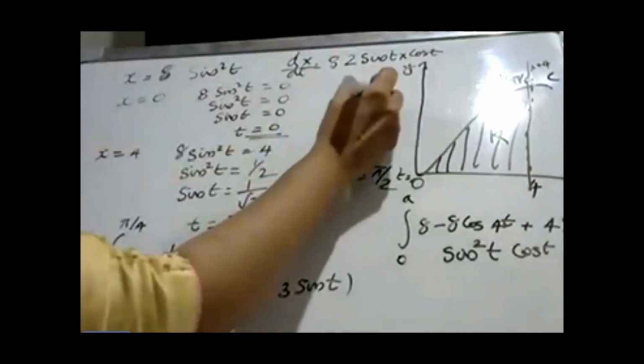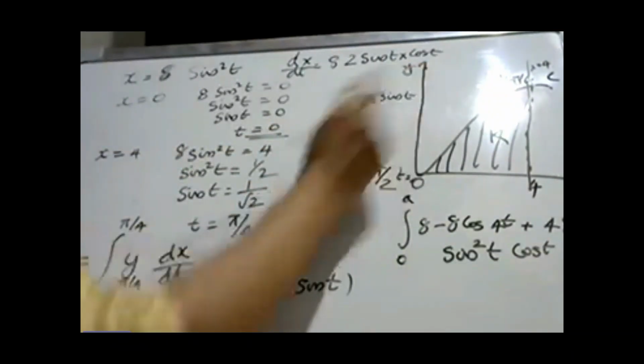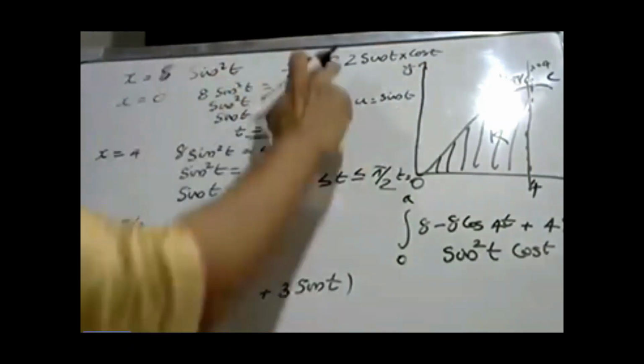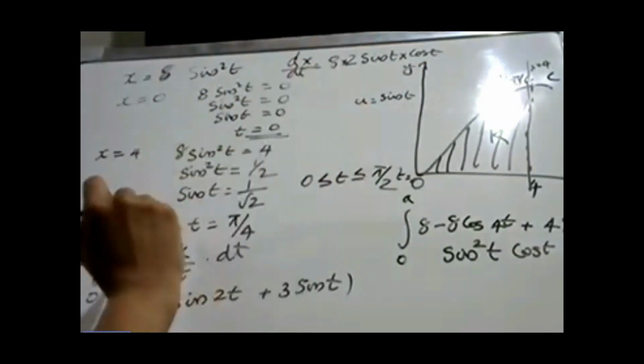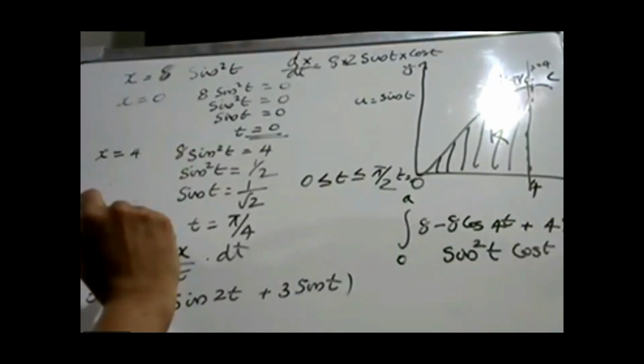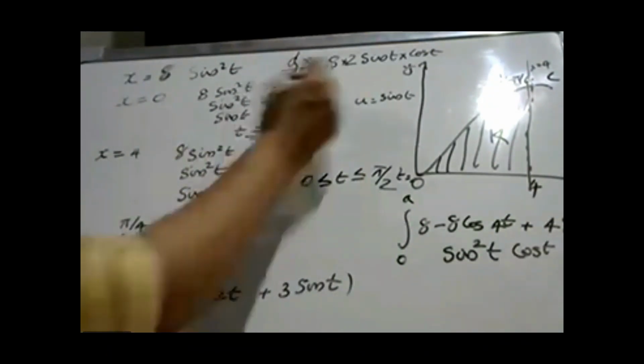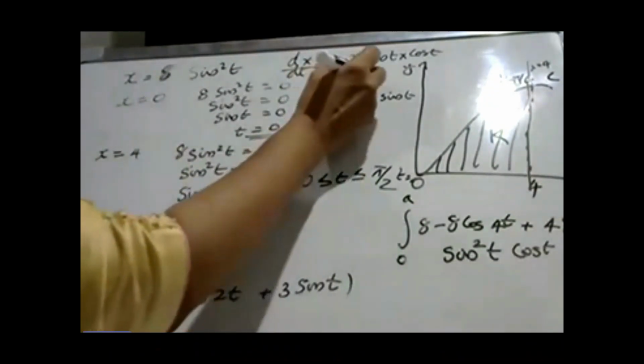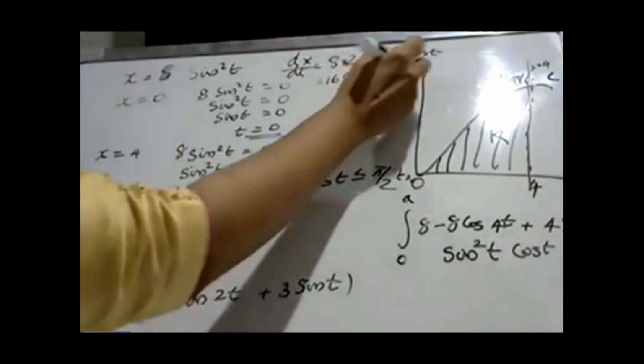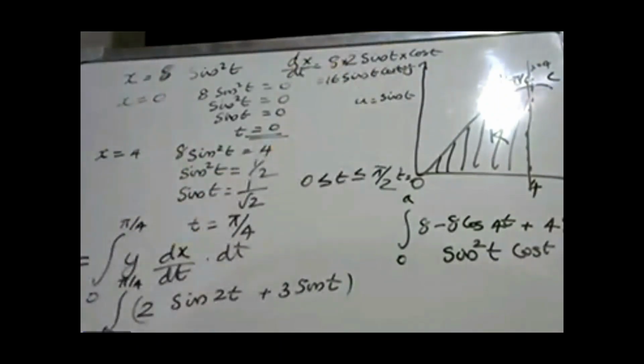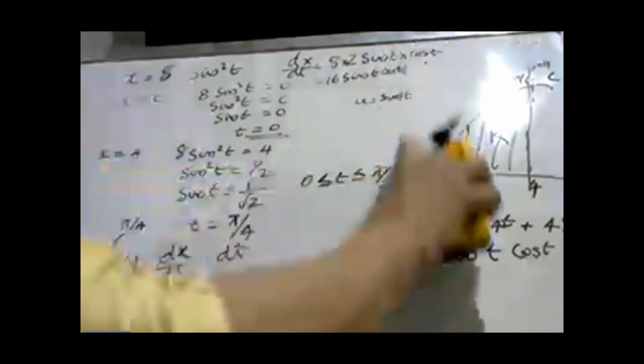I have taken u equal to sin t, and substitution will give you this. So this is equal to 16 sin t cos t. Or else I can say this in a very simple way.